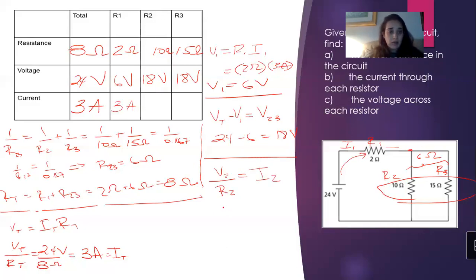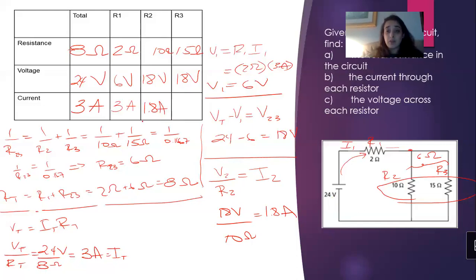So then I have my voltage is 18 volts divided by 10 ohms, which will give me a current of 1.8 amps. Okay, so now I'm going to add that here.